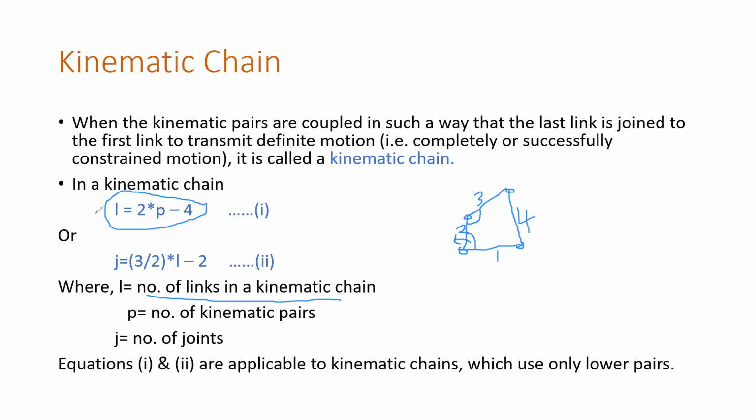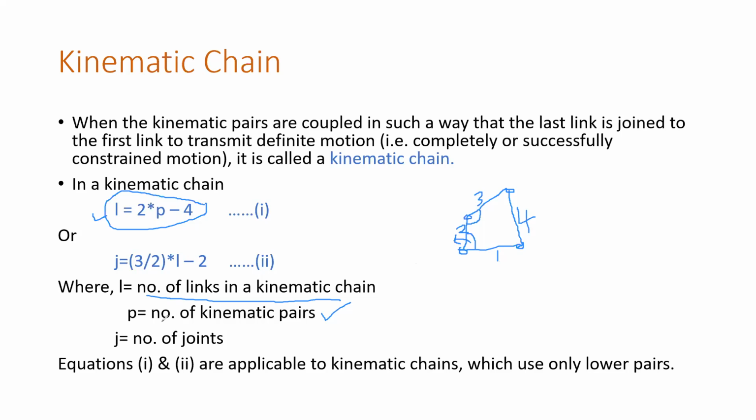We are considering the left hand side. Next, on the right hand side there is 2p minus 4. What is p there? P is the number of kinematic pairs. So how many pairs are there? If you count, 1 and 2 is one pair, 2 and 3 is the second pair, 3 and 4 is the third pair, and 1 and 4 is the fourth pair.